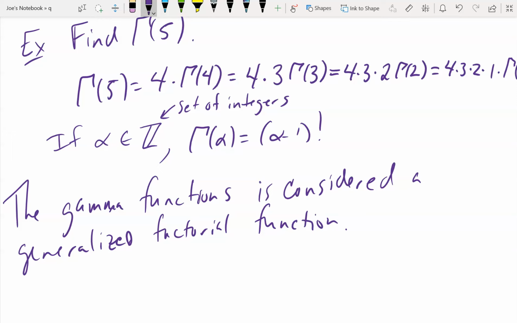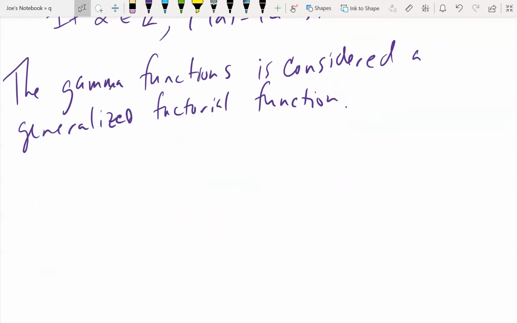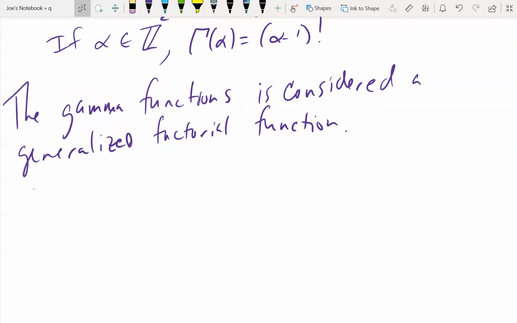All right. Now, one of the ones that does pop up from time to time is basically 1/2 factorial, if you will. So to get 1/2 factorial, or what gamma of 1/2 would be, you have to do some fancy work, which I'll do next time.